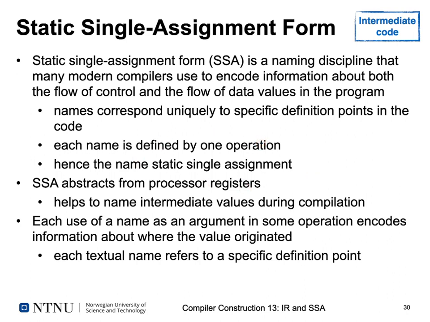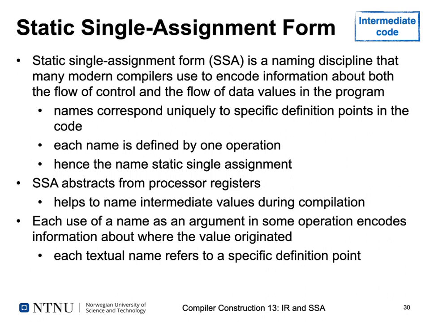Static single assignment abstracts from our virtual processor registers, so it's a higher level representation because it helps us to name intermediate values for variables during the compilation and computation process. If we have a name x for a variable, then each use of that name as an argument in some operation encodes information about where the value of this variable originated, because we no longer have just a name x, which can be overwritten multiple times, but for each overwriting we increase the index, so we can have x1, x2, x3.